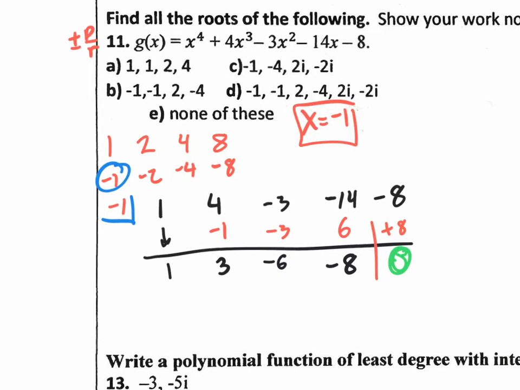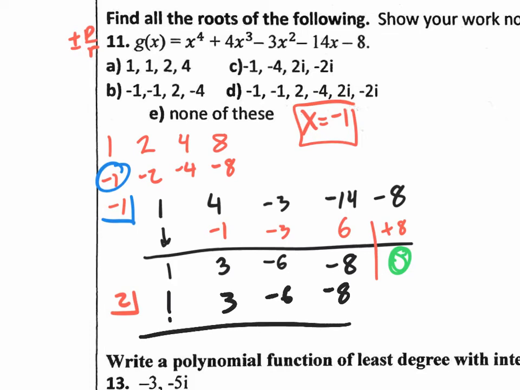So let's try 2. And we could go with the depressed polynomial coefficients. So instead of going back to the original 1, 4, negative 3, negative 14, negative 8, we'll do 1, 3, negative 6, negative 8. It's shorter, it's quicker, it's nicer. As you go down, you combine. 1 plus nothing is 1. As you go up, you multiply. 2 times 1 is 2.